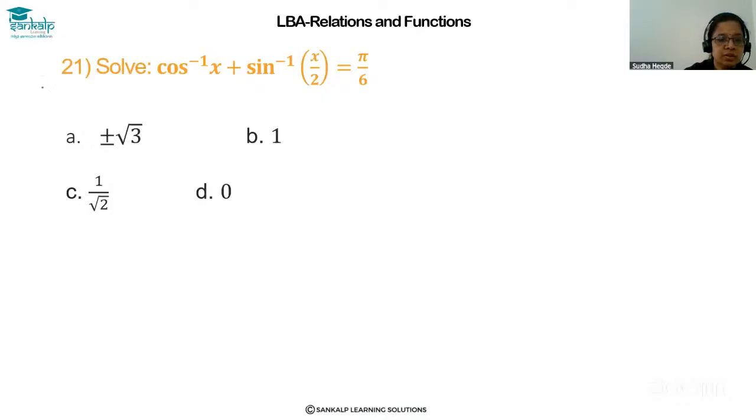Hi students, the question is: solve cos inverse x plus sin inverse x by 2 is equal to pi by 6. Let me take cos inverse x as A, which implies cos A is equal to x.